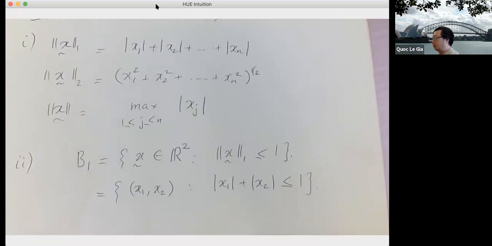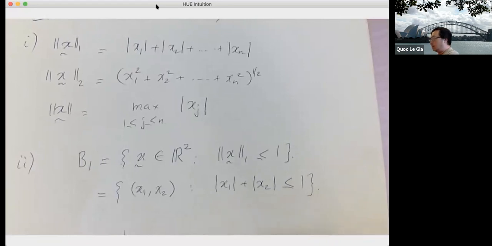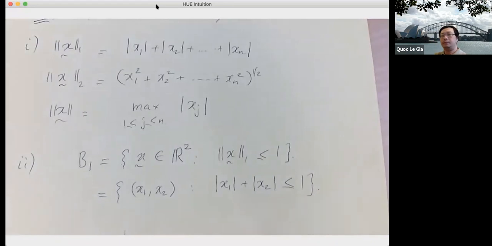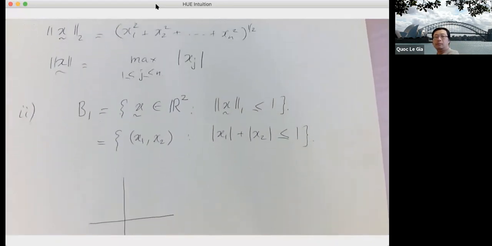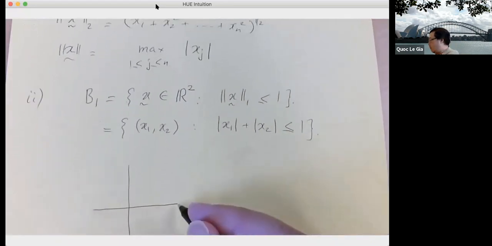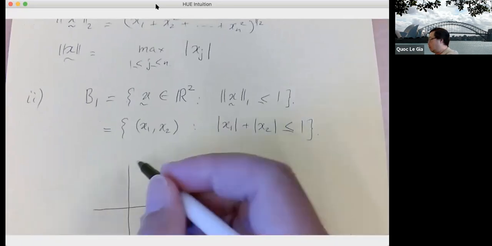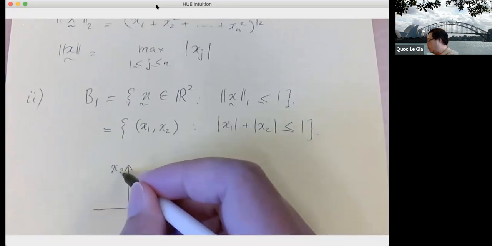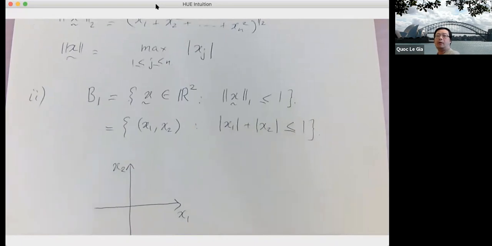Suppose I have a plane like this. Let me draw a plane here, x1 here and x2 here. Then how does it look on the plane?